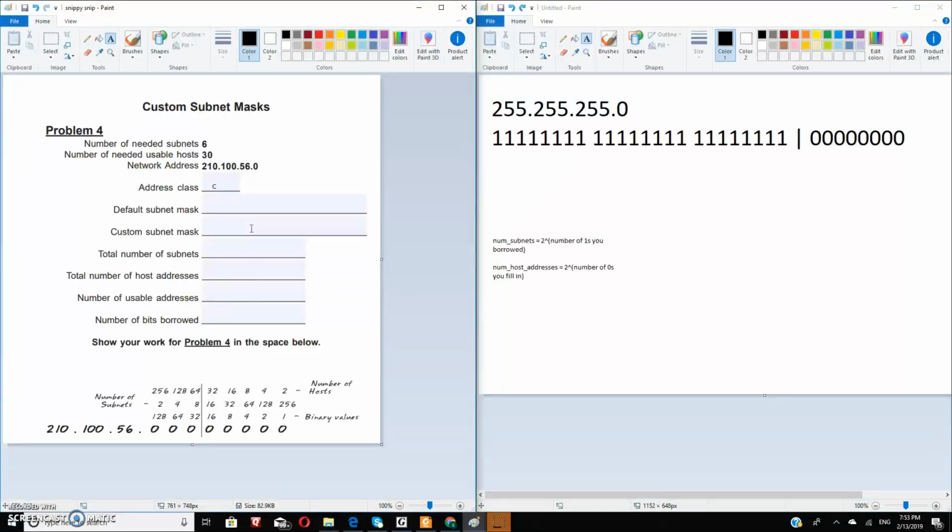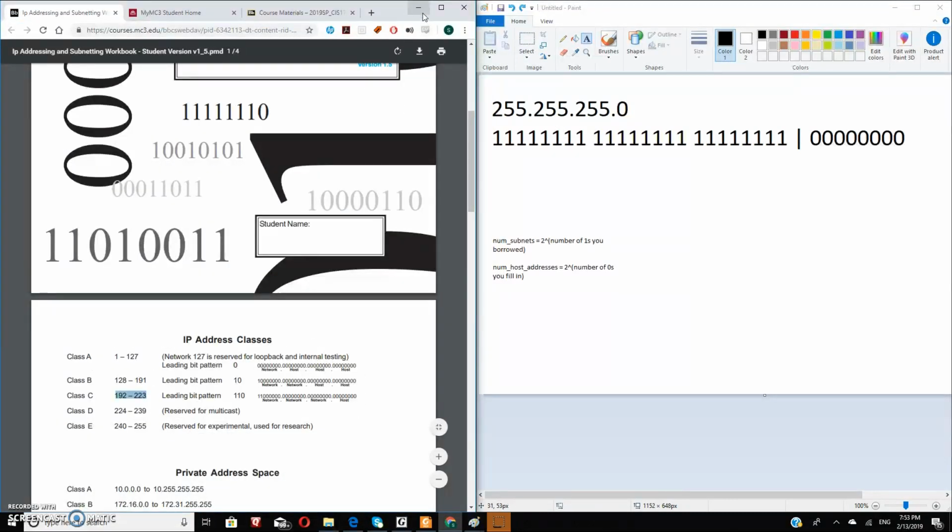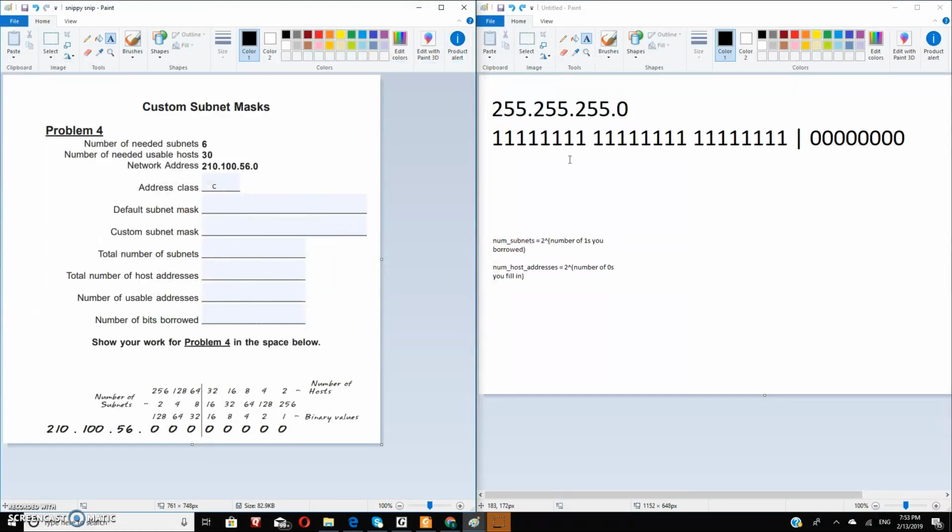And the default subnet mask refers to which parts of the network address refer to the network itself. Since it's class C, all of the bits in the first three sections are turned on. So it's 255, 255, 255, 0.